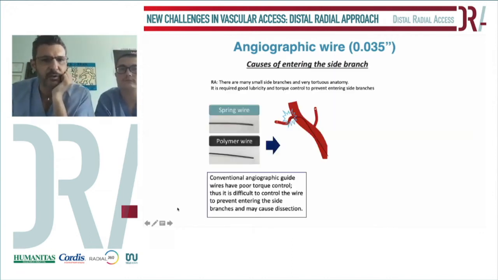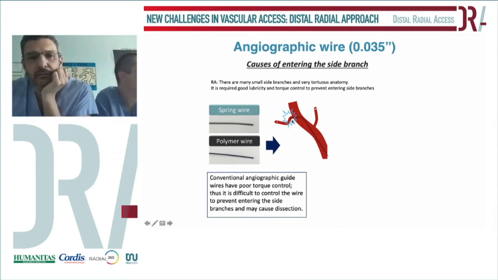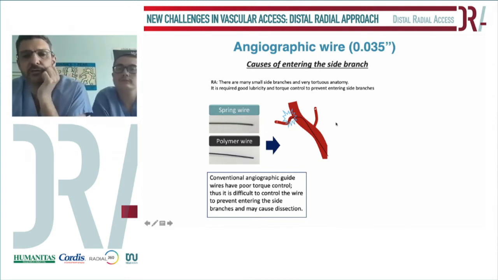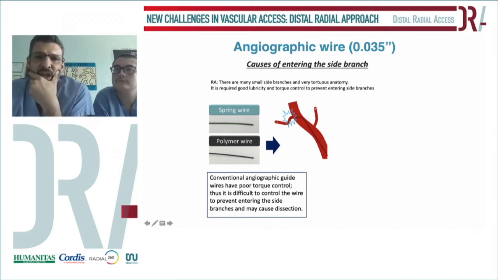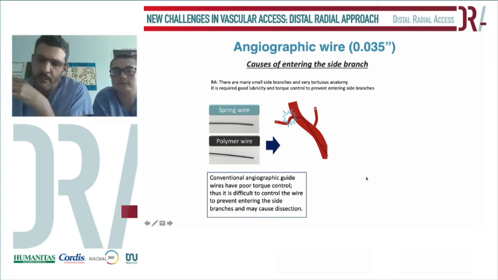Okay. So this is what can happen during tortuosity if you have some loop, but also in case of a side branch, if you use a traditional spring wire or polymeric wire in terms of angiographic 0.035 inch, the angiographic wire could enter into the side branch, leading to some problem or difficulties to advance the wire.